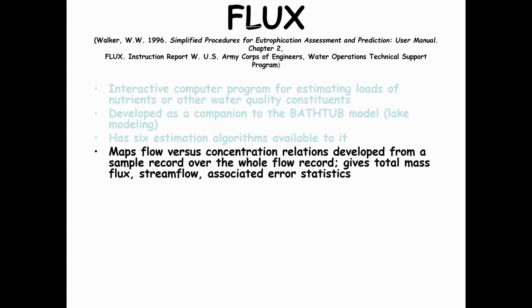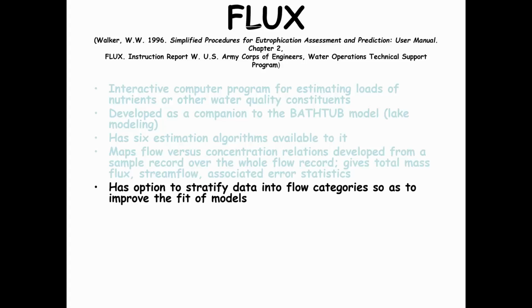And what it does is it then maps the relationship between flow and concentration, and it uses that information to come up with estimates of load passing by a point and also quantifying the uncertainty in those estimates.